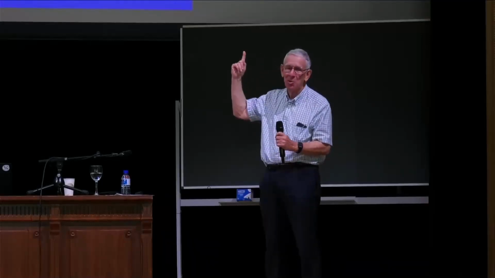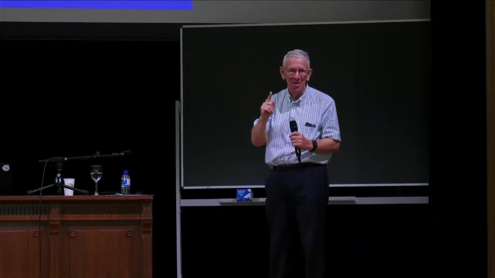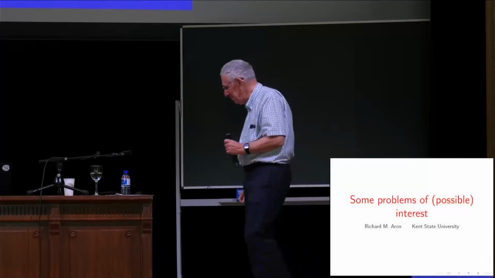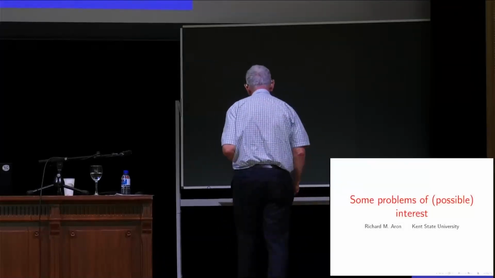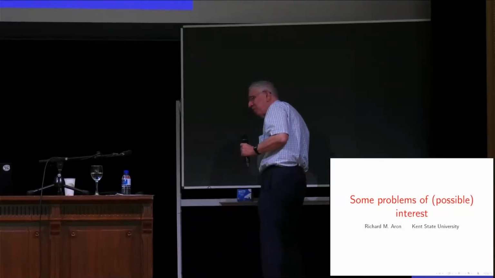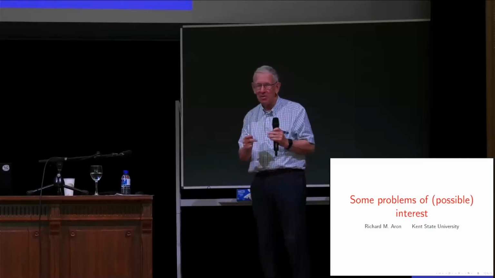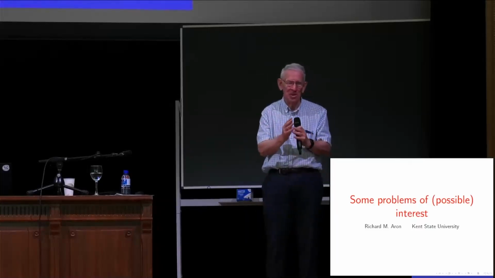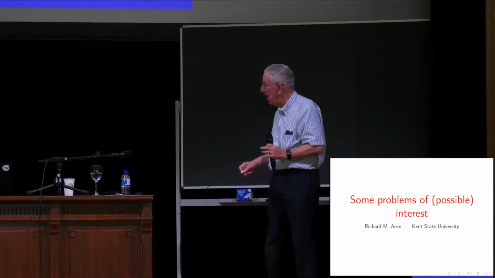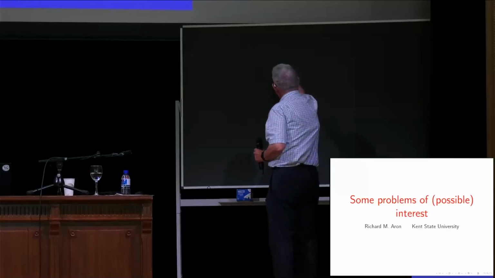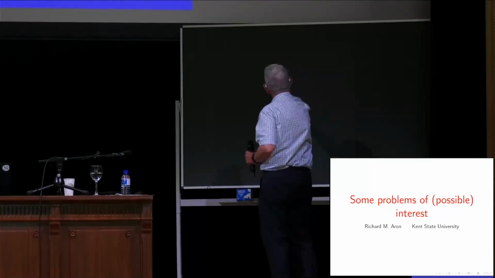At the moment, the key word is possible. So let me explain what I'm talking about. I'm going to give two rather, obviously, short presentations. Let me make a graph.